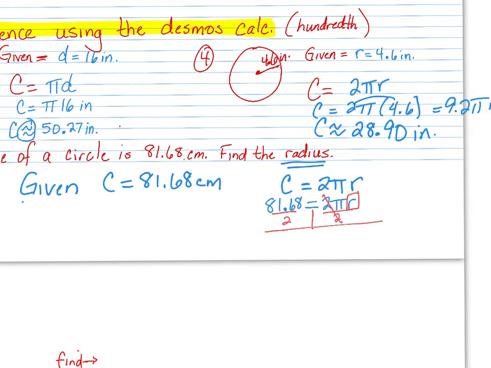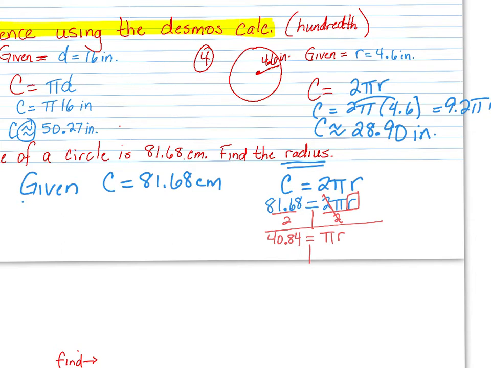These cancel out. We're left with pi r over here equals, what's 81.68 divided by 2, Chase? 40.84. Do we have r by itself? How do I get rid of pi? Kai?